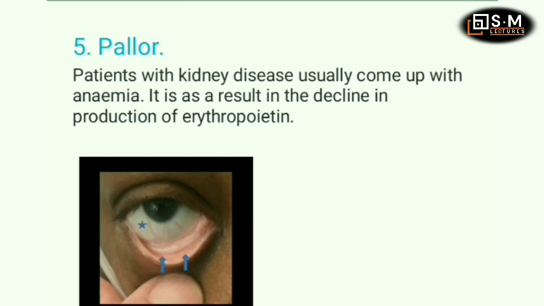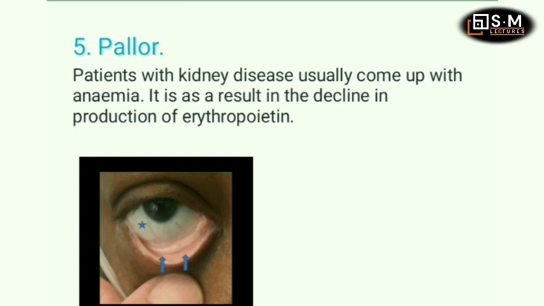So when there is renal or kidney failure, this 90%, which is almost the total amount of erythropoietin in the body, will decrease. A decrease in erythropoietin will decrease erythropoiesis. A decrease in erythropoiesis means a decrease in red blood cell production. A decrease in red blood cell production will result in anemia.